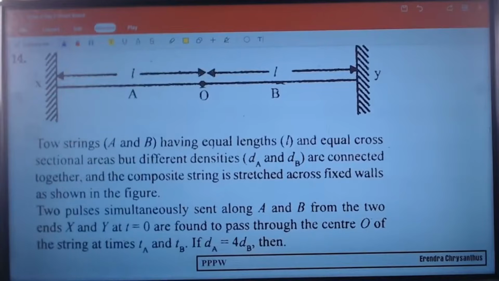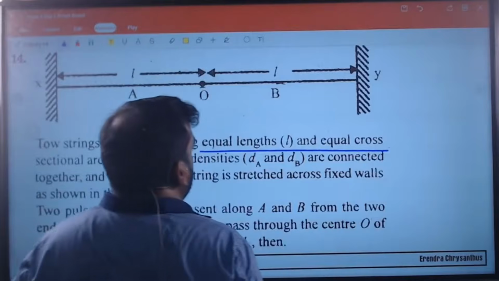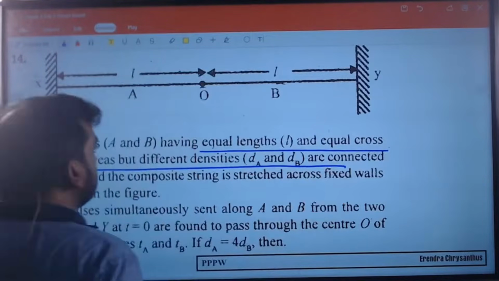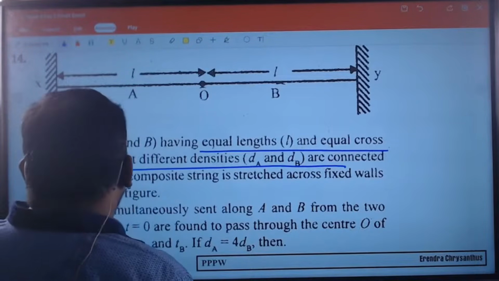Two strings A and B have equal lengths and equal cross-sectional areas but different densities and are connected together. The composite string is stretched across two fixed walls. Two pulses are simultaneously sent along A and B from both ends.